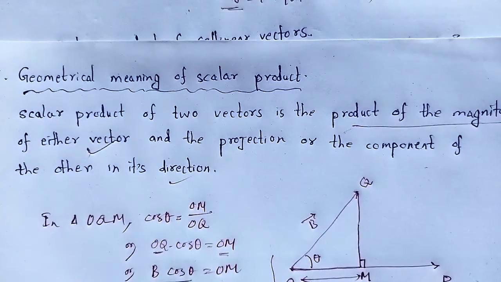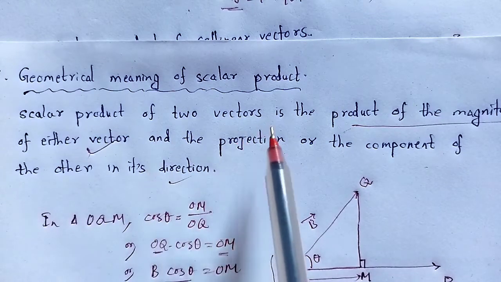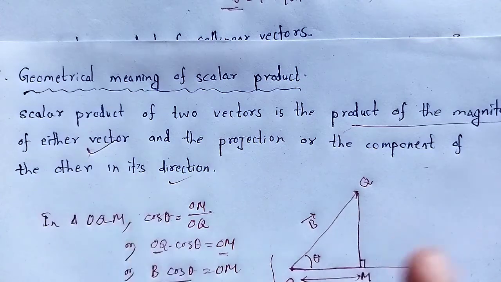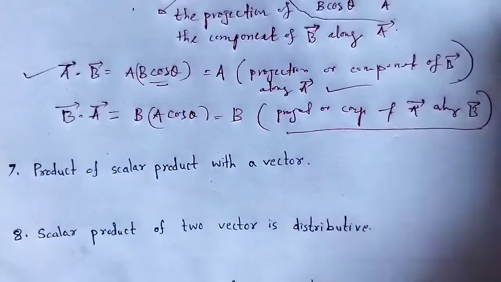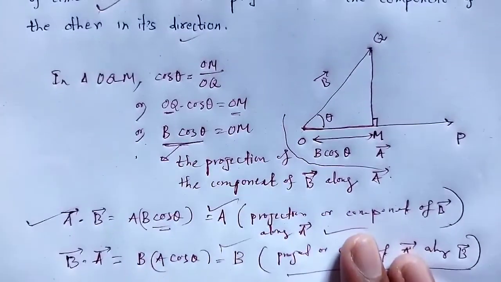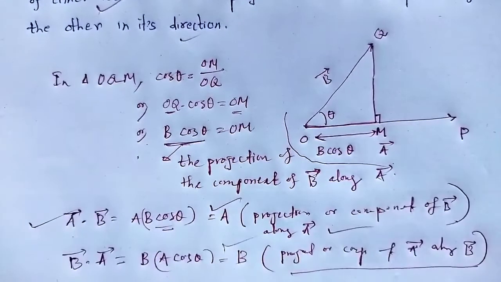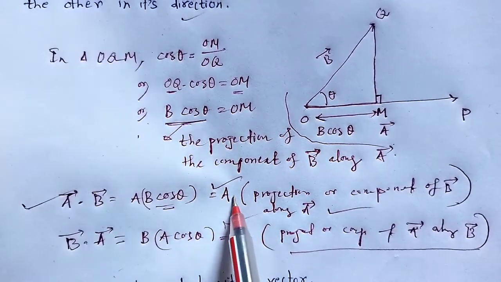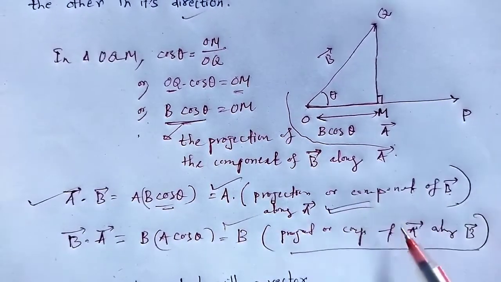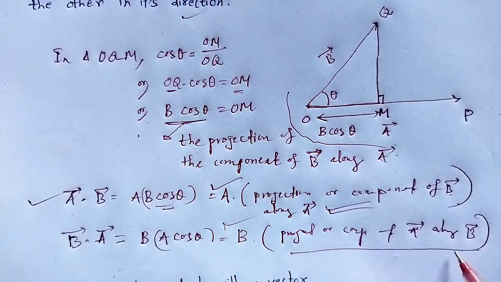According to our discussion, the scalar product of two vectors is the product of the magnitude of either vector and the projection or the component of the other in its direction. If we consider A, then the projection of B vector along A vector. If we consider B, then the projection of A vector along B vector.